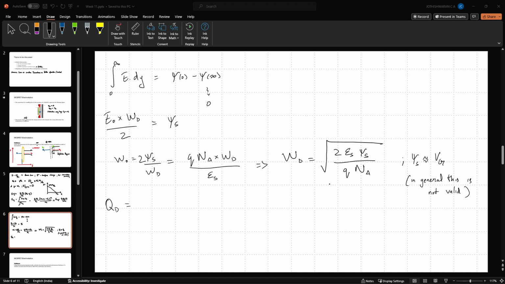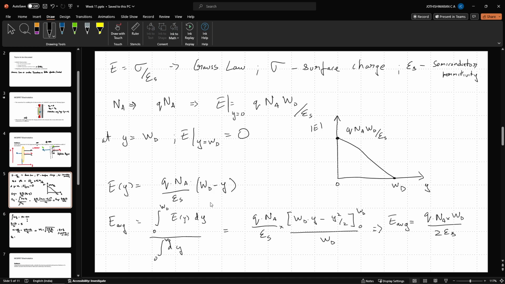So this is the width, and over this, I know that this variation here is linear. Remember that E at any point is proportional to the surface charge density. So if I divide this into infinitely many layers of surface, the surface charge density is also varying linearly and coming all the way down to 0 at WD.